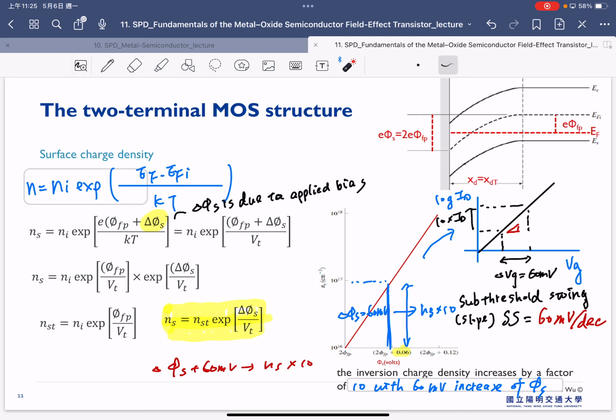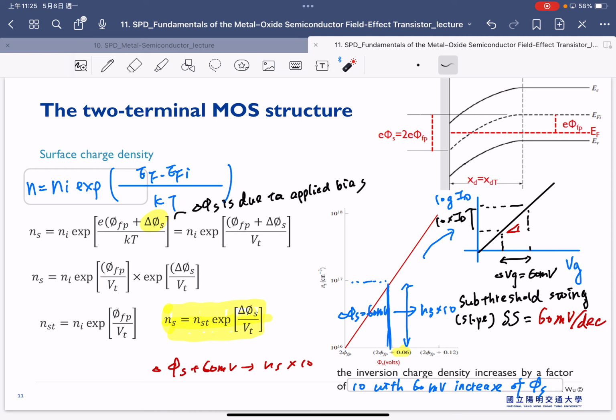If you look at the advanced FinFET, advanced 2D transistor, advanced CFET, or whatever, people are always trying to look for technology that can minimize this slope.